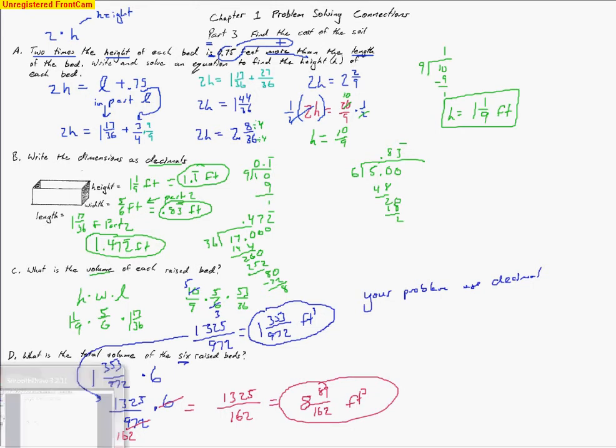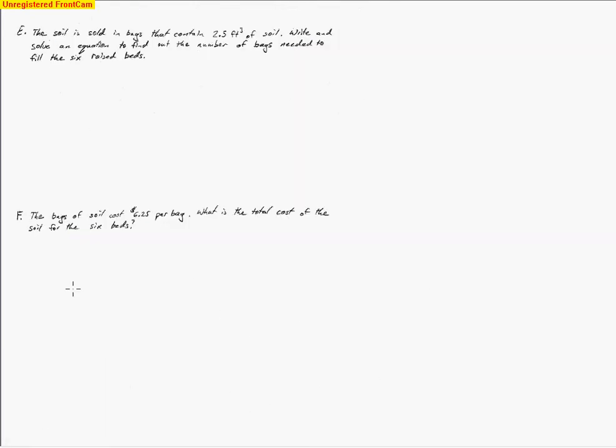So moving on to the next 2 problems, it says the soil is sold in bags that contain 2.5 cubic feet of soil. And so we're going to write and solve an equation that shows how to find out the number of bags, how many bags there's going to be. Well, let's do this. Let's write down that there is 2.5 cubic feet per bag. And we also know that's going to be the amount sold in one bag.